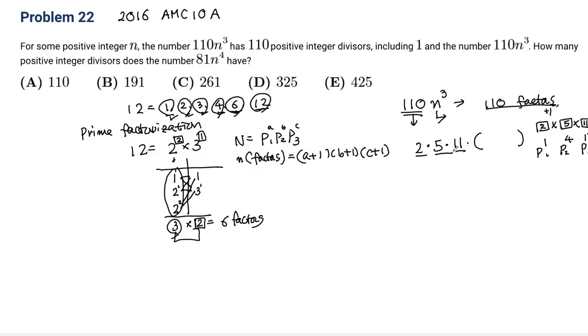So n cannot have any other prime, because we already have three primes with exponents 1, 1, 1. So n should use 2, 5, and 11 because we have only 3 factors over here.